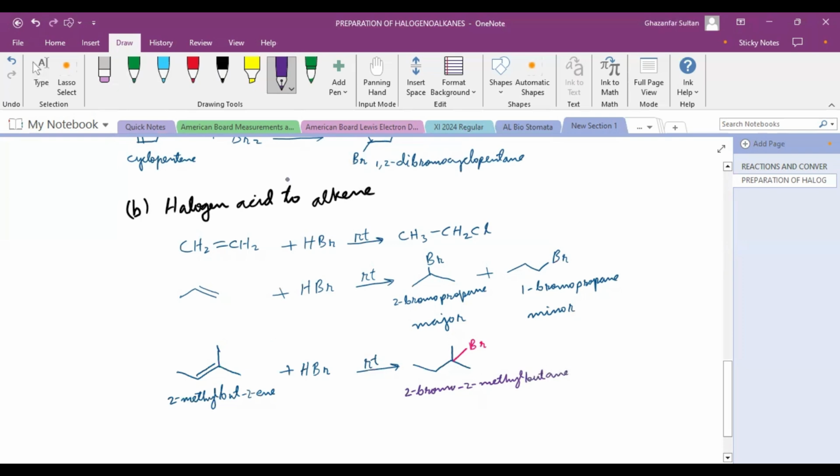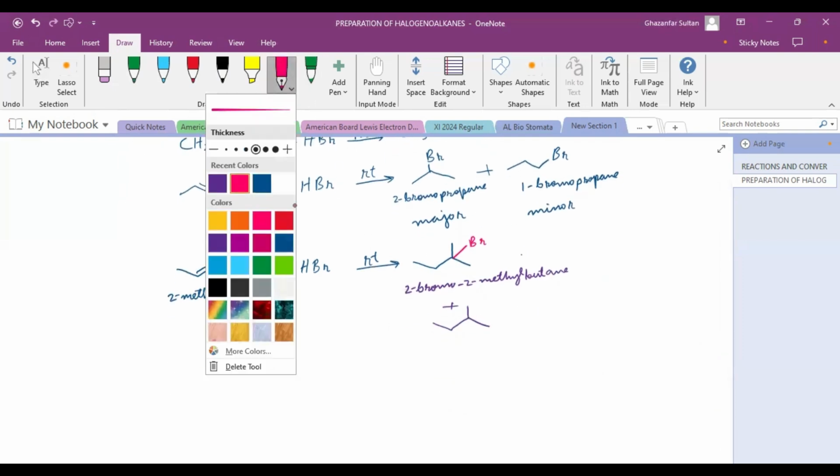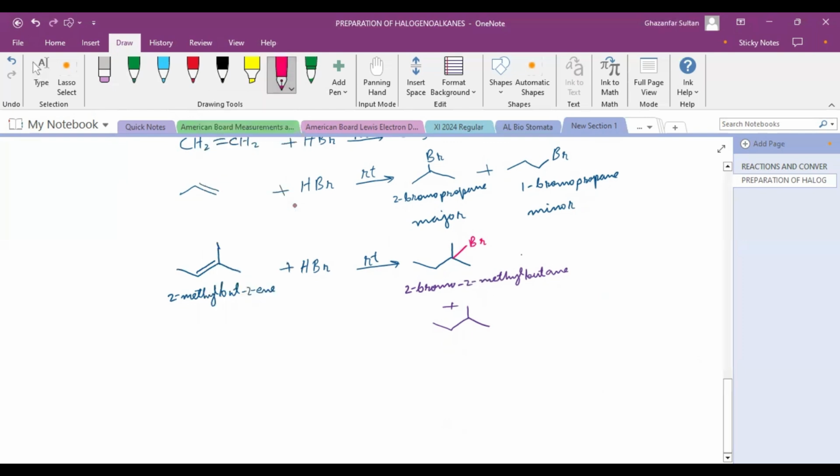While the other product that is formed during this reaction is, you can see here that bromine is substituted on this carbon atom.